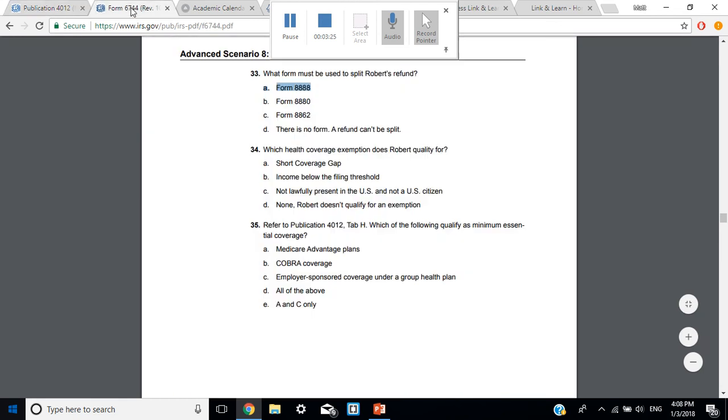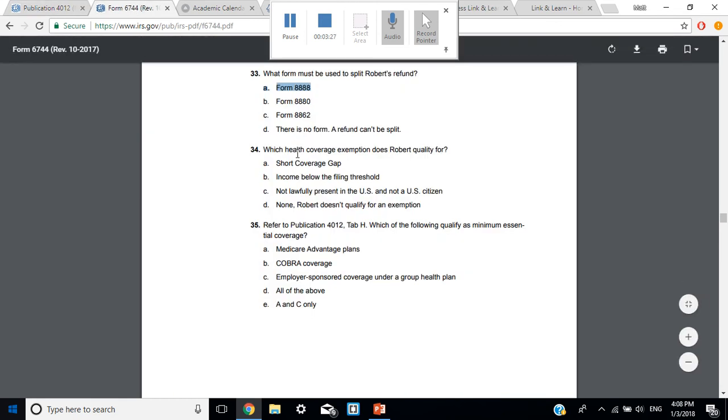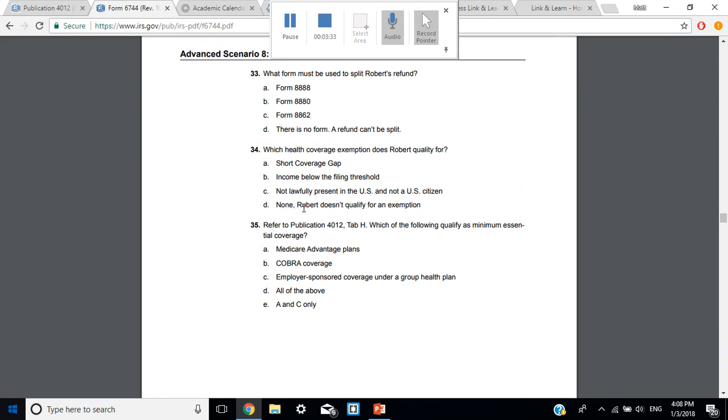But there's only one that we're going to use for our man Robert. One of the options says he doesn't qualify for an exemption. Well, I'm going to let you in on a secret. He does indeed qualify for an exemption. We're just going to find which one. Short coverage gap, income below the filing threshold, or not lawfully present in the U.S. or not a U.S. citizen.